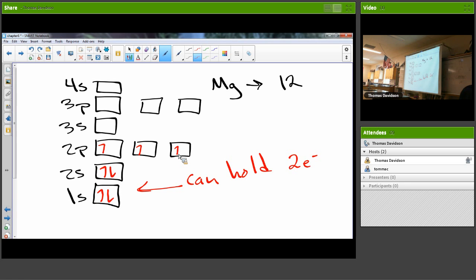Now, I'm at 7, right? So the next 3, now you have to pair, because you can't go up until you're full. So now pair these. And I've accounted for how many now? 10. So I need 2 more. They go in the S box, and I'm good.